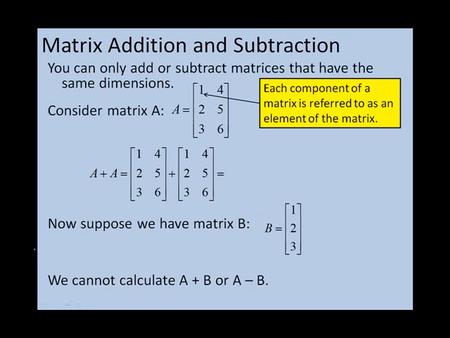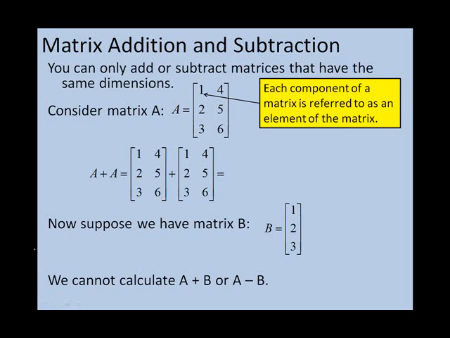You can add and subtract matrices, but you have to be careful because you can only add and subtract matrices if they have the same dimensions. If we have matrix A, a 3 by 2 matrix, you can only add or subtract other 3 by 2 matrices. Let's consider an example. If we want to do A plus A, we know we can do this because A and A obviously have the same dimensions.